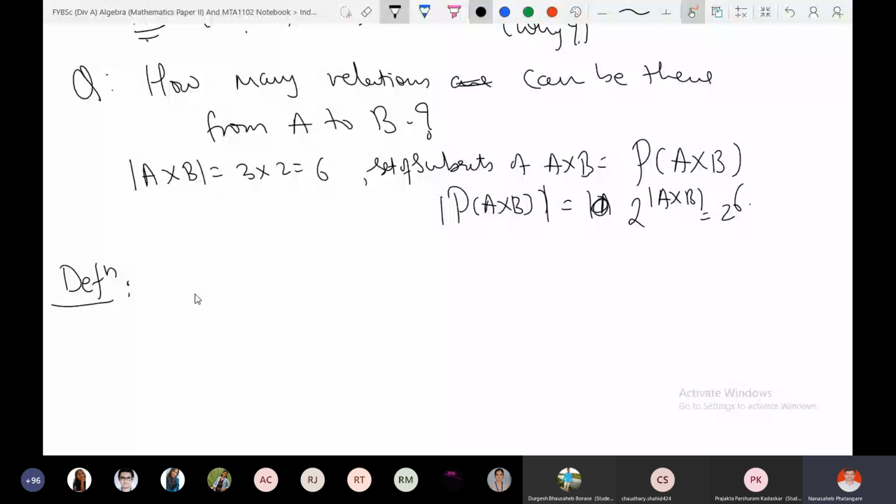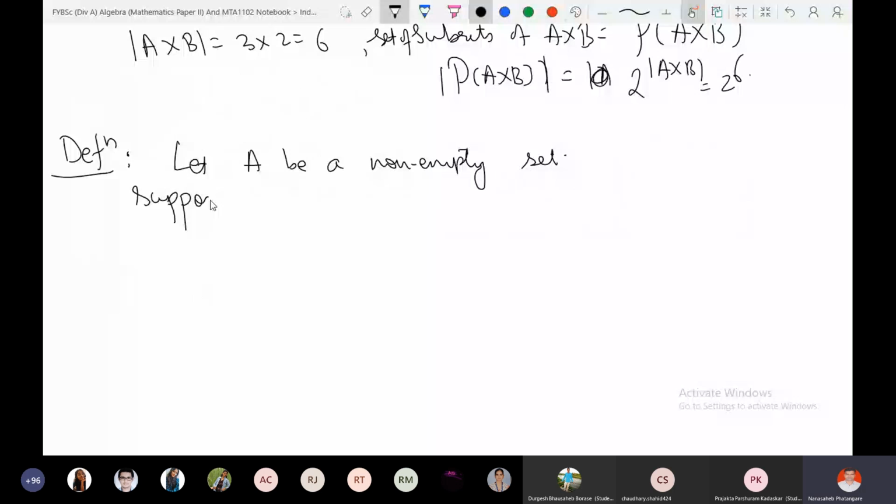Fine. So let A be a non-empty set. Suppose R is a relation on set A. Now, are these two sentences clear?